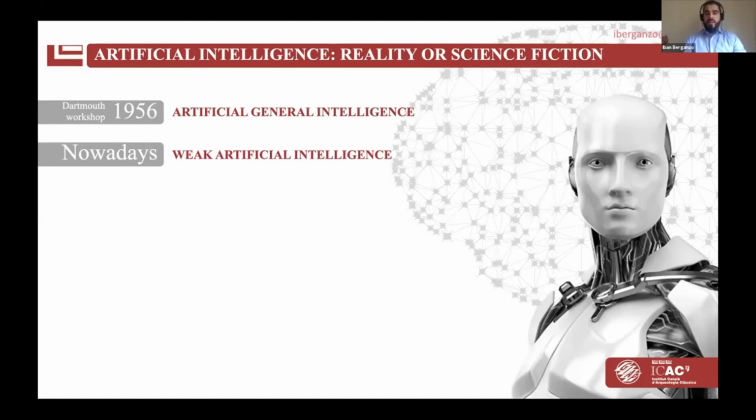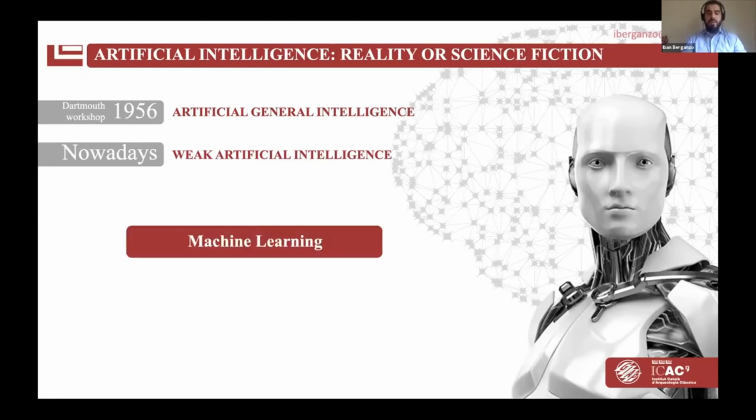The weak one is the real one, because thanks to machine learning, we arrived at automatization and speed in our algorithms to have something similar to artificial intelligence.